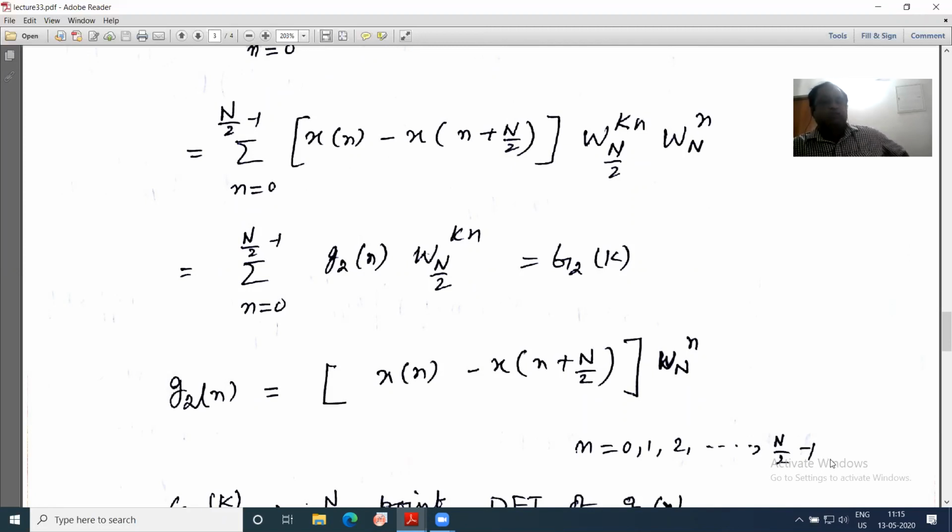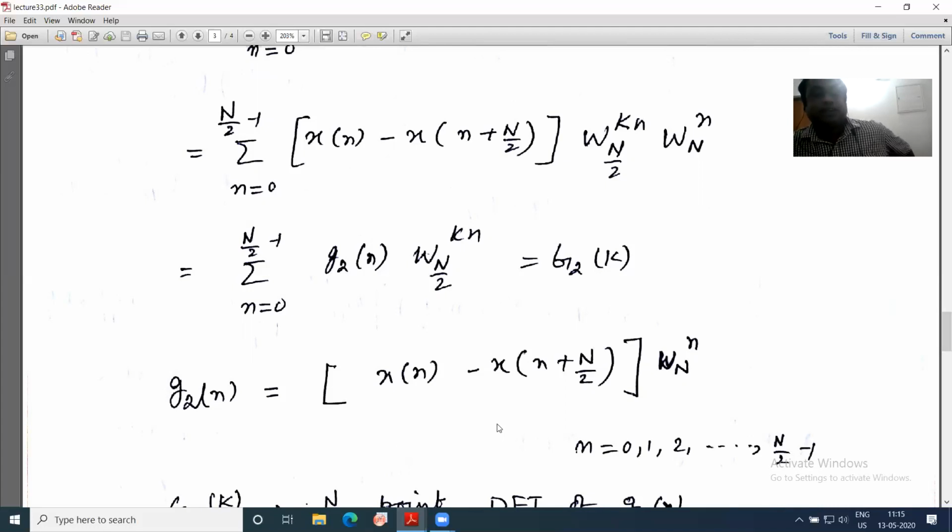With this process, the n point dft x of k is now divided into 2 dft of n by 2 points, namely g1 of k and g2 of k, and correspondingly we have the expressions of g1 of n and g2 of n.